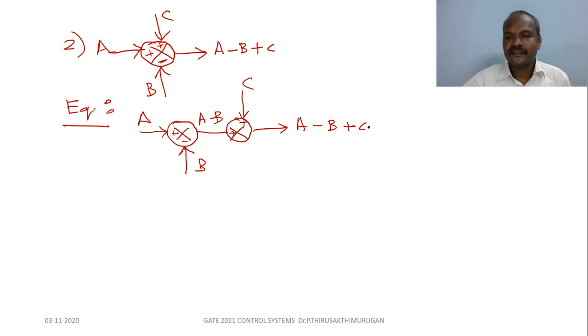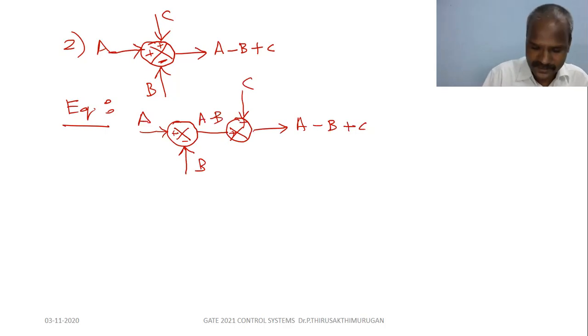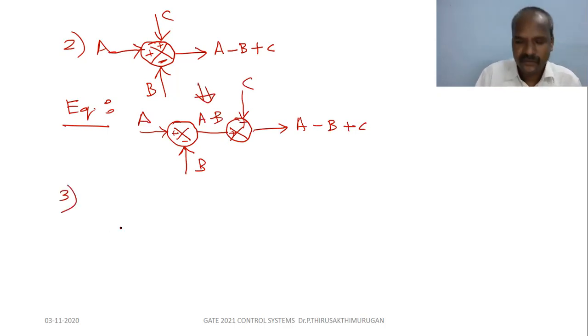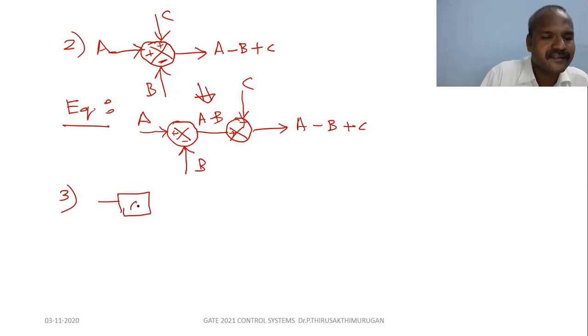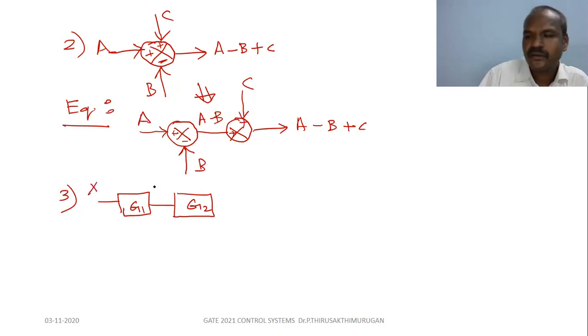So the third alternate equivalent is this. We have a block G1 and G2, open loop transfer functions, with input X. What is available here? X G1. What is available here?